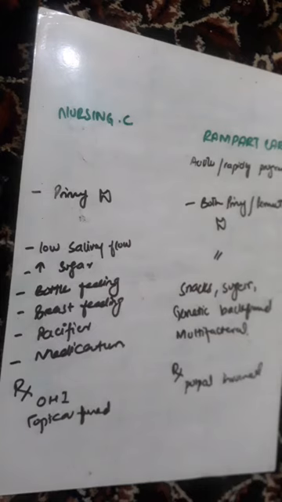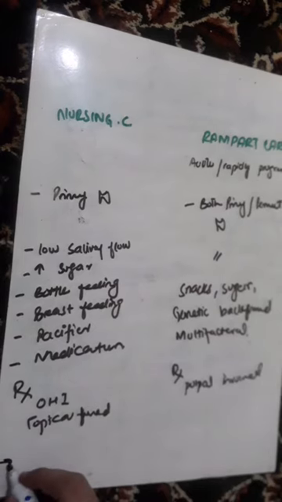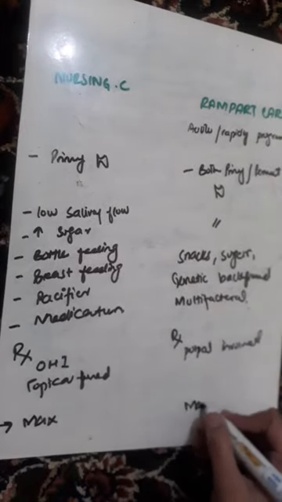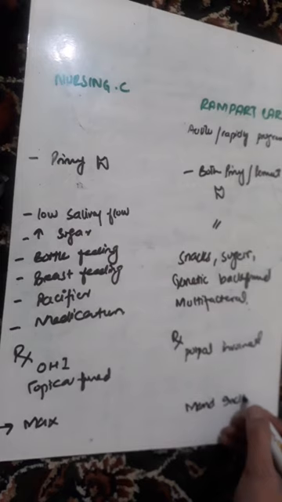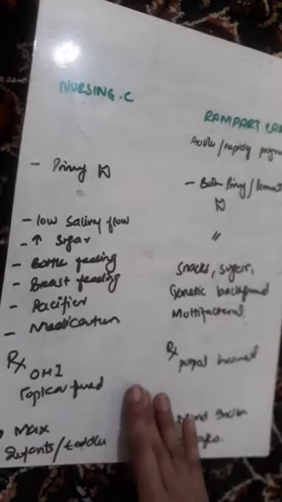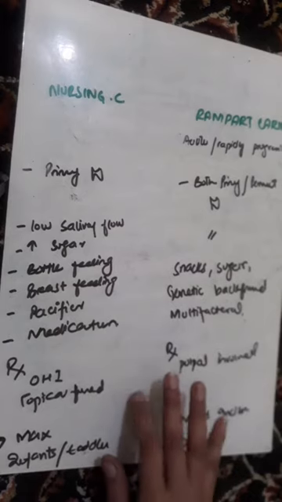The teeth involved are the maxillary in nursing caries, and in rampant caries both mandibular and maxillary, mostly mandibular incisors. It happens in infants and toddlers, while rampant caries happens in all ages. This is the tabulated form for nursing caries and rampant caries.